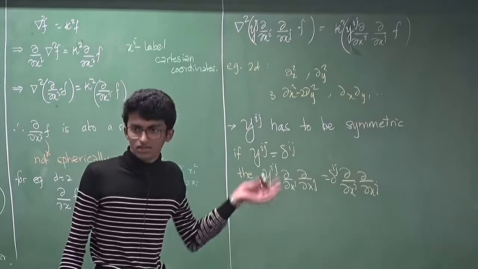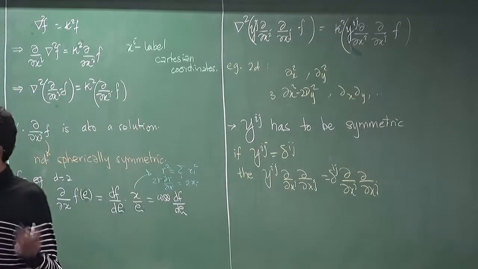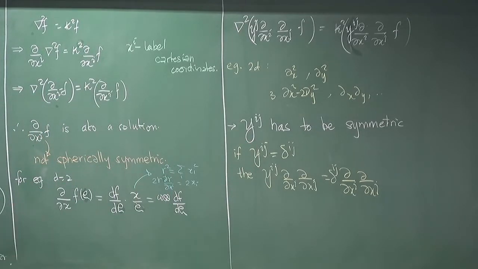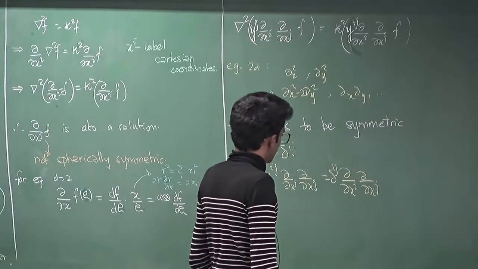I'm using the summation convention implicitly, the Einstein summation convention, so everything is summed over. Whenever two indices are repeated, up and down, they're summed over. So this is summed over.